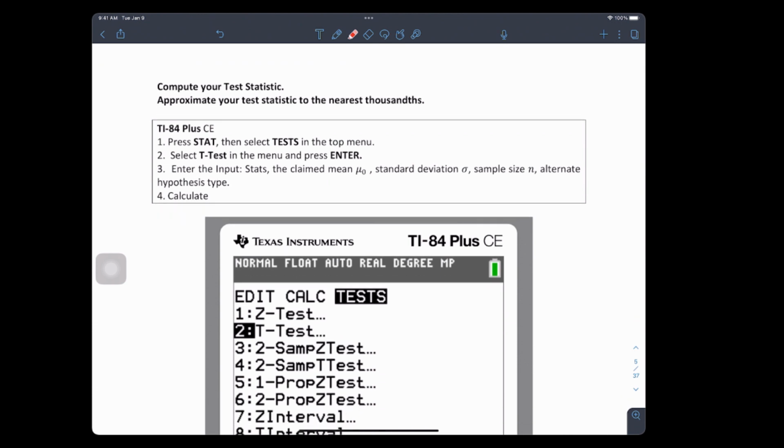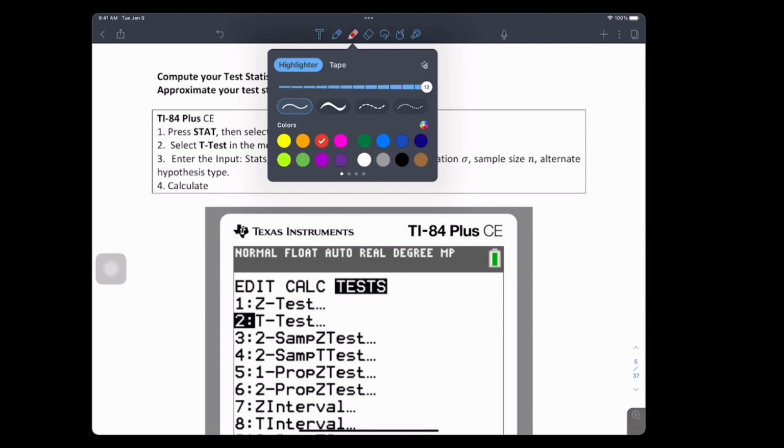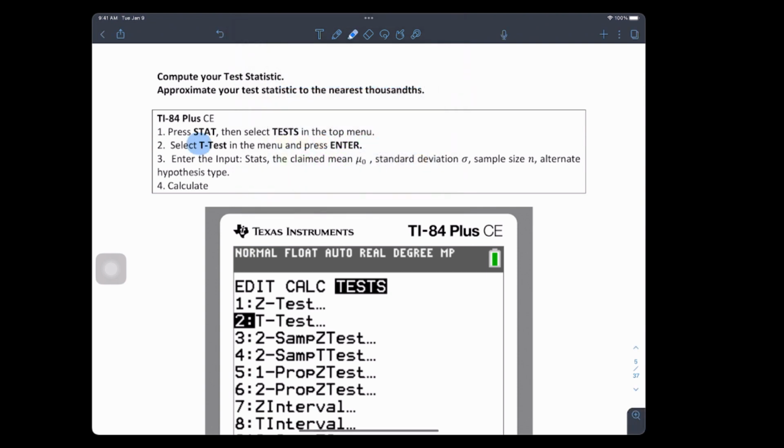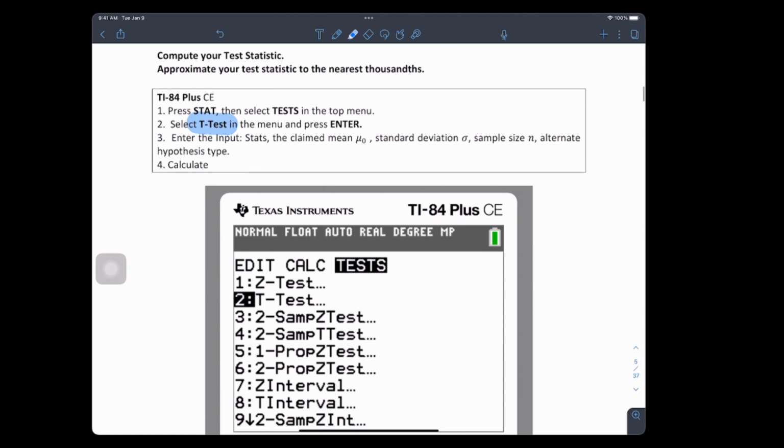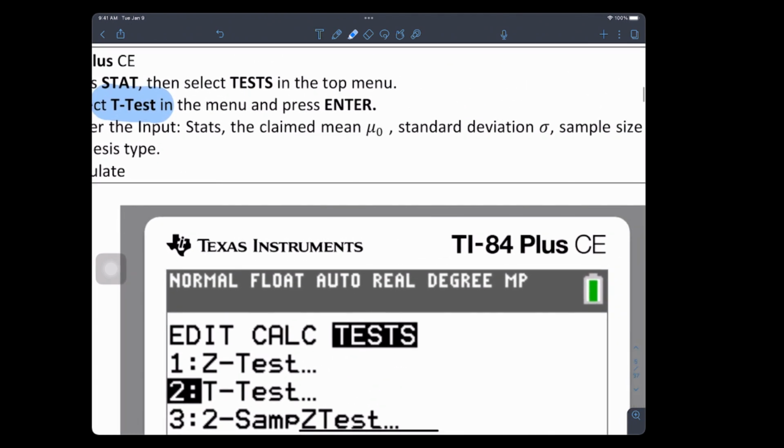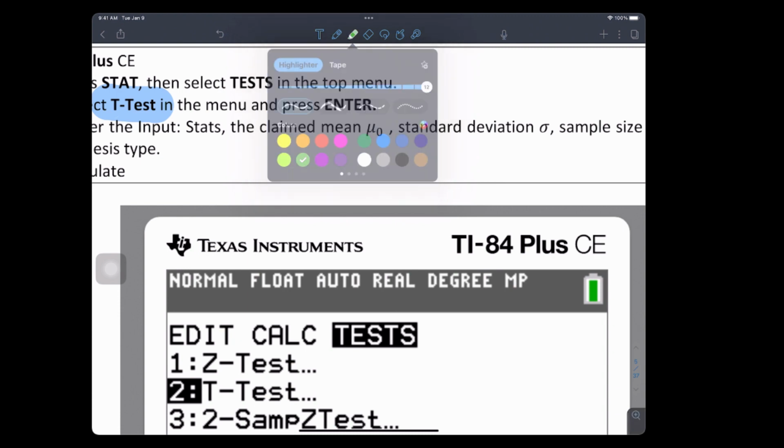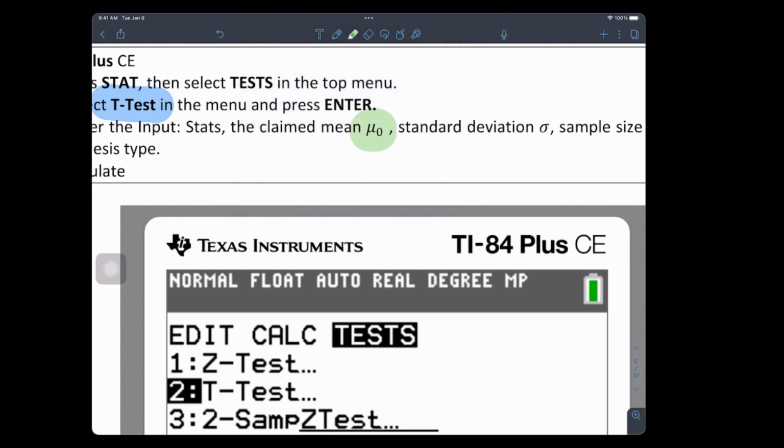What do you do with this information now? Remember, we got to get our test statistic. We're going to use that t-test. But don't forget, you always need this green value. What was mu naught the other day?